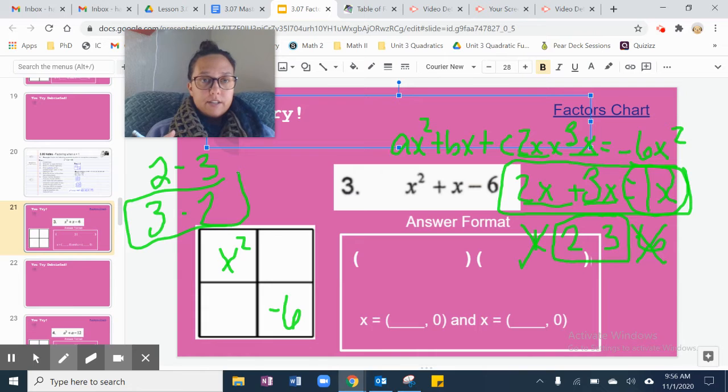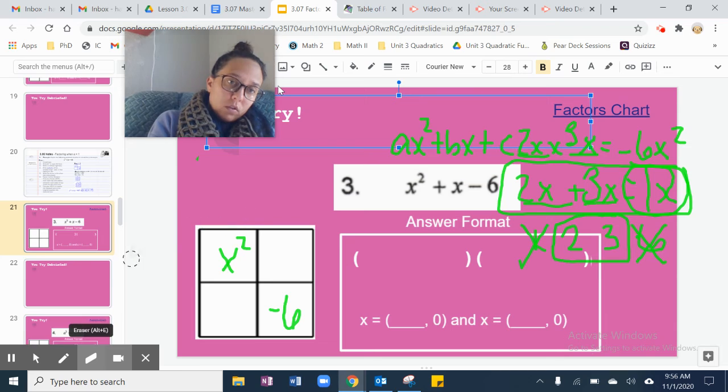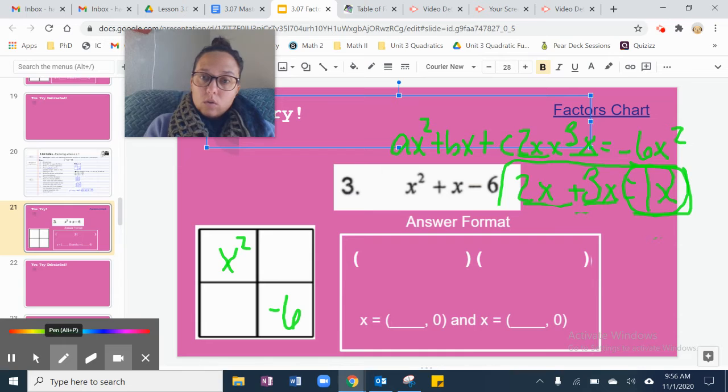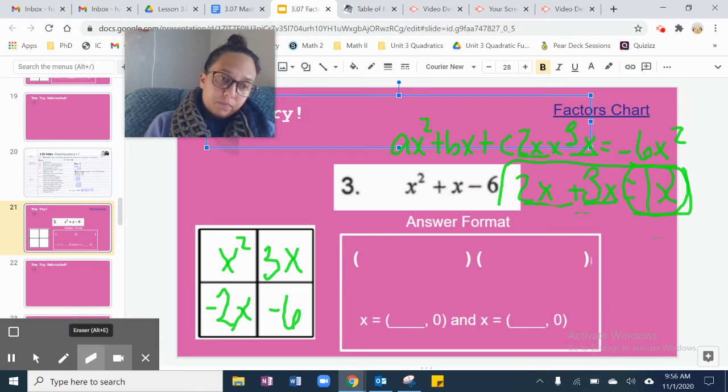So 3 is positive, 2 is negative. So that means we're going to use positive 3x, negative 2x.